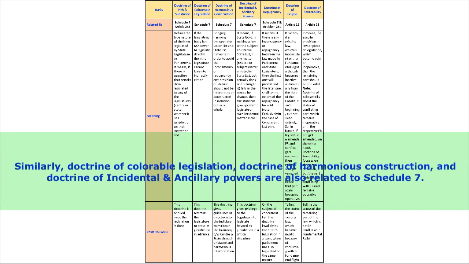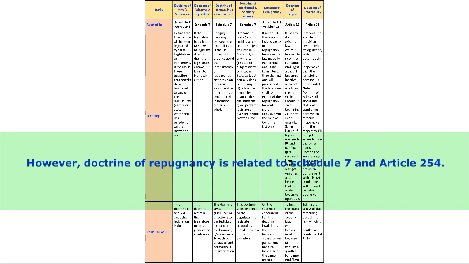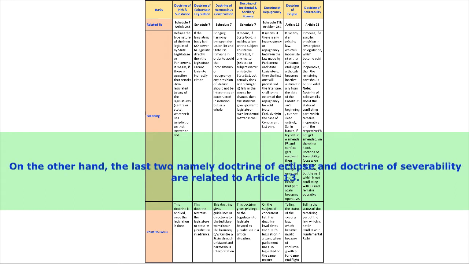Similarly, Doctrine of Colorable Legislation, Doctrine of Harmonious Construction, and Doctrine of Incidental and Ancillary Powers are also related to Schedule 7. However, Doctrine of Repugnancy is related to Schedule 7 and Article 254. On the other hand, the last 2, namely Doctrine of Eclipse and Doctrine of Severability, are related to Article 13.